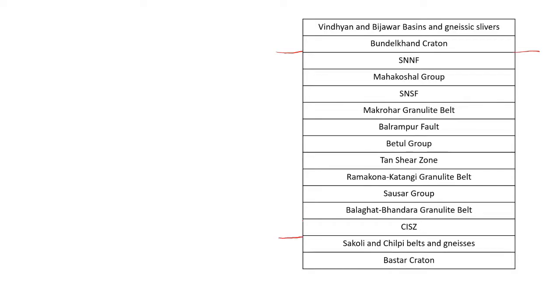South of which are the Sakoli and Chilpi belts and gneisses and the Bastar Craton, and of course the Malanjkhand granite and the Dongargarh granite. So this portion marks the stratigraphic horizons of the Central Indian Tectonic Zone.